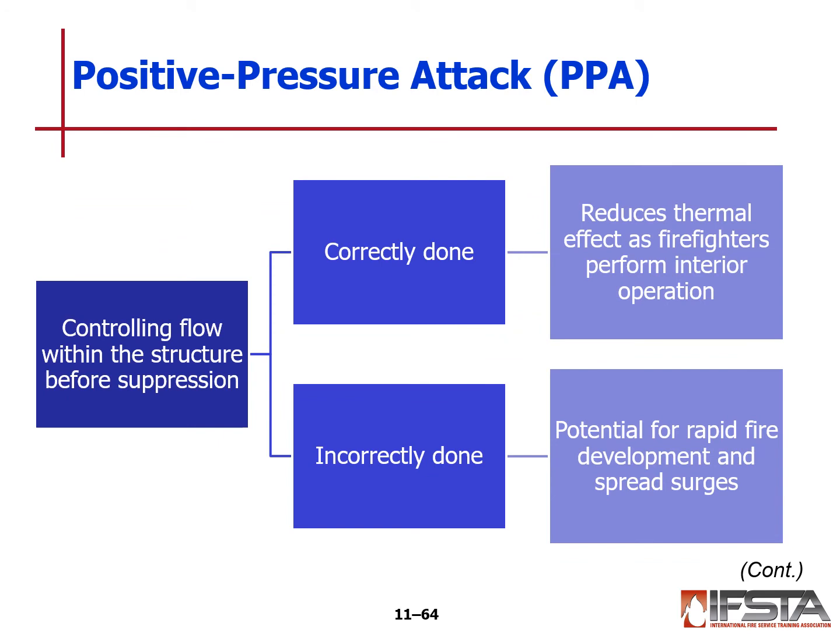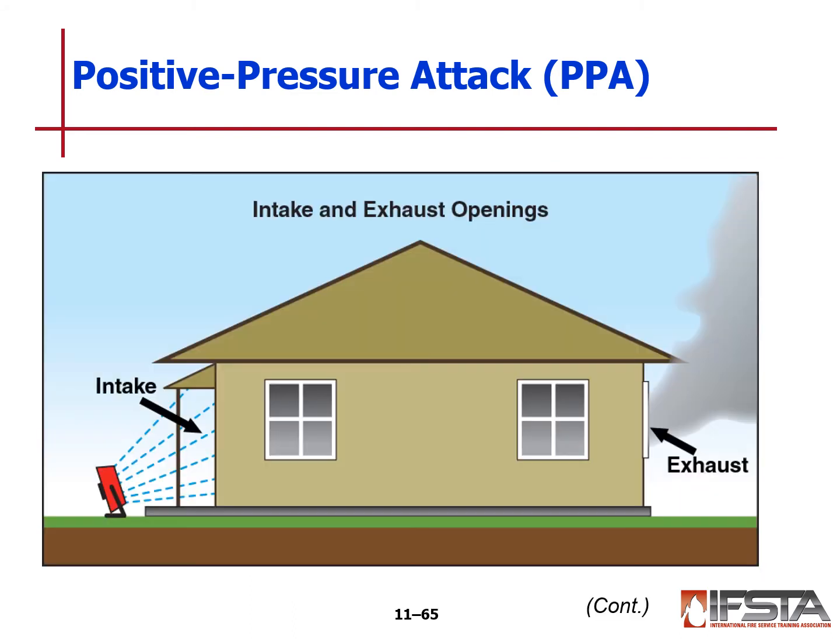Controlling flow within the structure before suppression, if correctly done, will reduce the thermal effect as firefighters perform interior operations. If this is incorrectly done, the potential for rapid fire development, as we've talked about, is there and can spread surges.